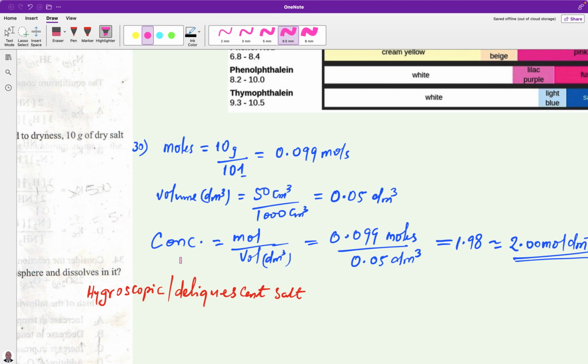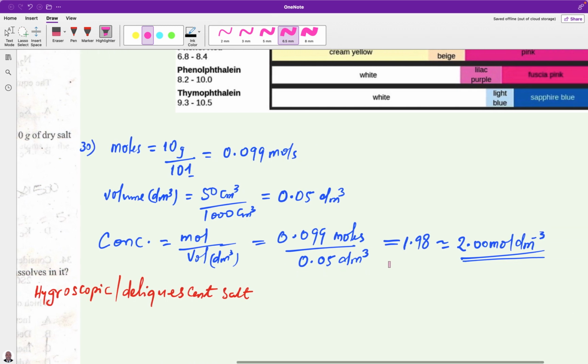Then we have the expression: concentration is equal to moles divided by volume in dm cube. To have our concentration in mole per dm cube, which is the solubility we are looking for, we will have 0.099 mole divided by 0.05 dm cube.